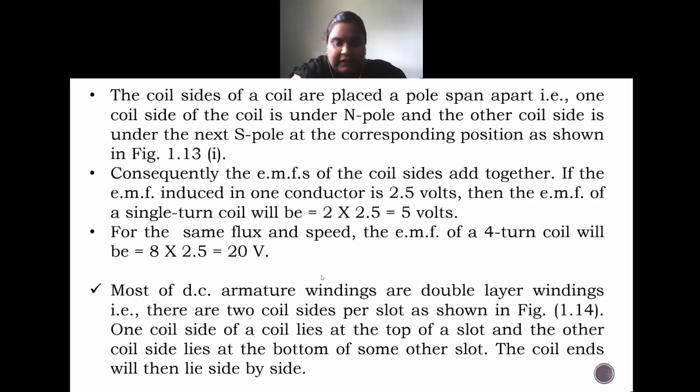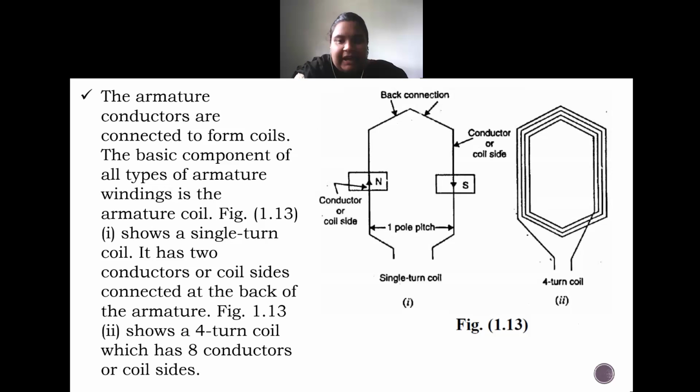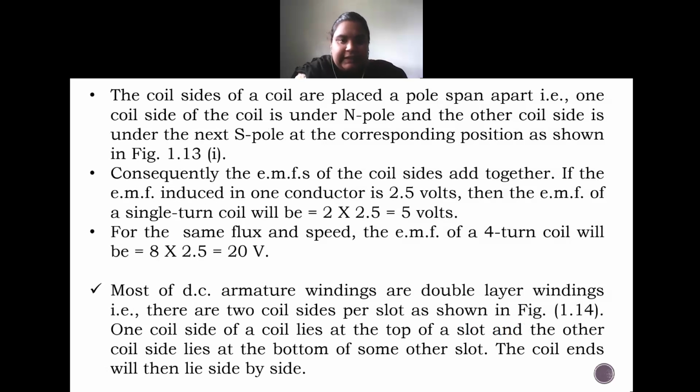That is what we have seen. So this span is called the pole span. Pole span is nothing but making sure that one of the conductors is under one pole while the next conductor or the next coil side is under the opposite pole.